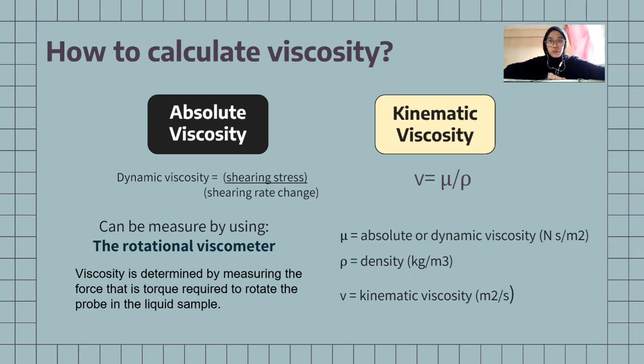As an instrument, we can use a rotational viscometer, where the viscosity is determined by measuring the force required to rotate the probe in the liquid sample. Kinematic viscosity is calculated as the absolute viscosity divided by the density of the oil.